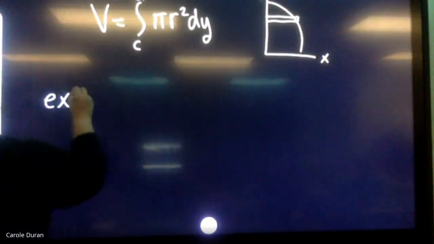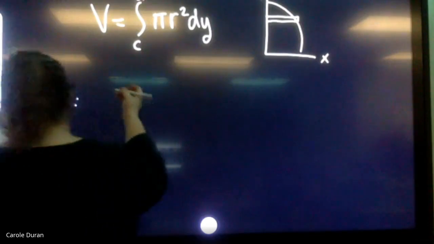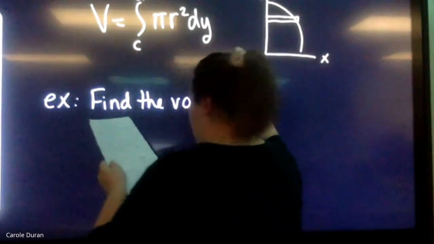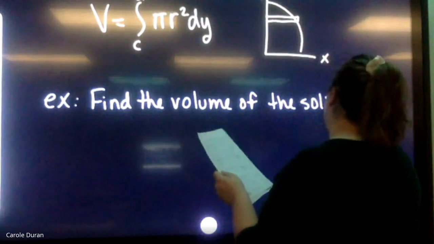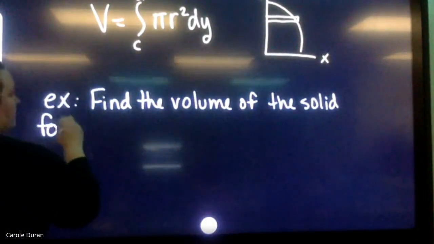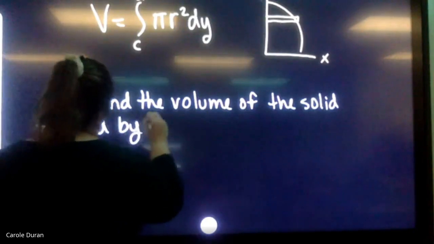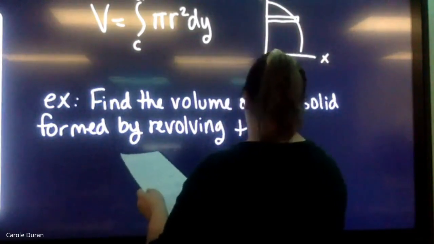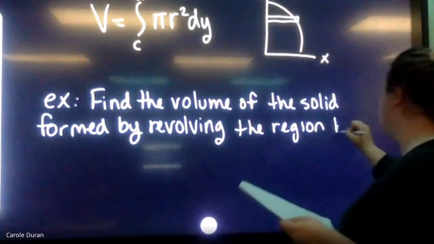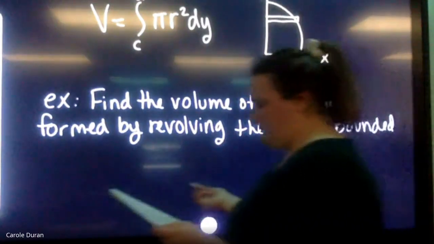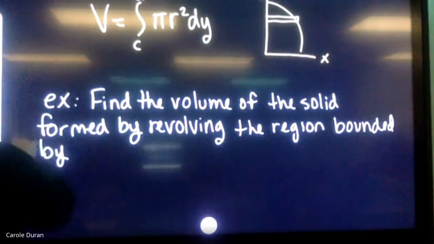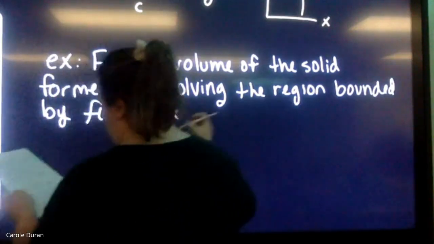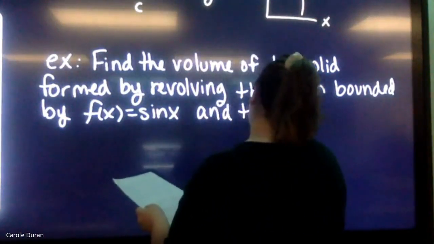So we're going to start with this example, which asks us to find the volume of the solid formed by revolving the region bounded by the function sine of x and the x-axis from 0 to pi.